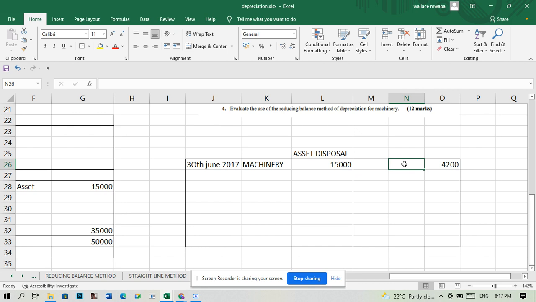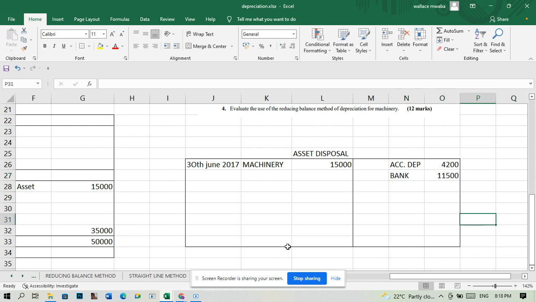This came from accumulated depreciation. Then also remember we sold the machine, and we said we're going to credit the asset disposal account 11,500.